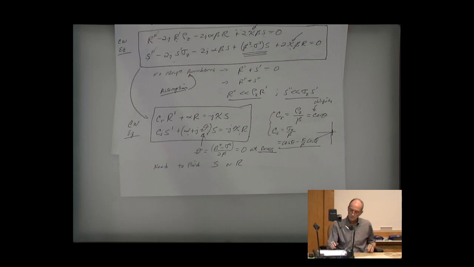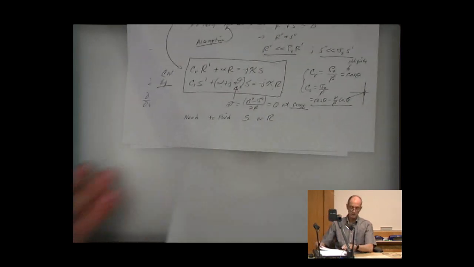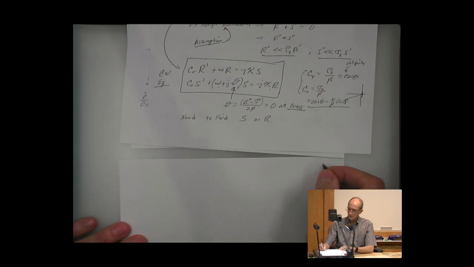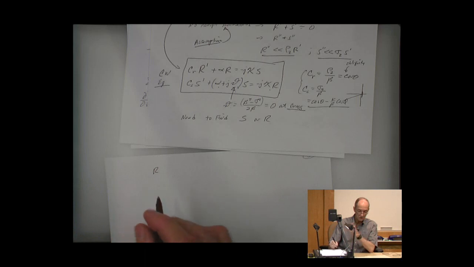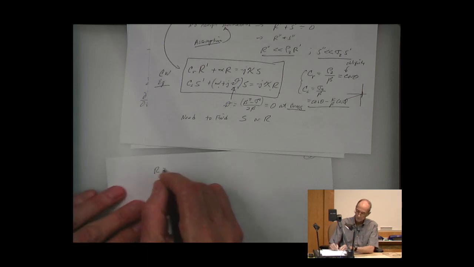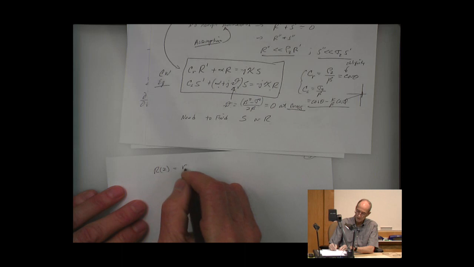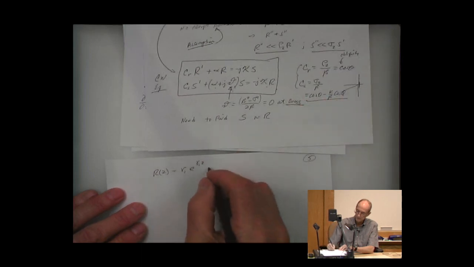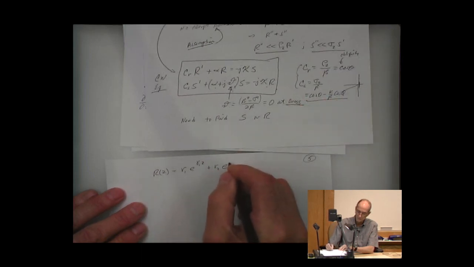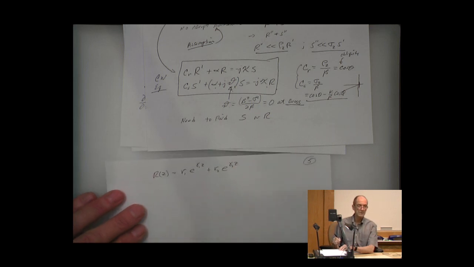We're almost there. We have a set of first-order differential equations, and we know how to solve these. We actually know what the solution is. For a first-order differential equation, when we have two of them, the solution is going to be this. For R of z, it's going to be equal to a constant, R1 e to the gamma 1 z, it's an exponential, plus R2 e to the gamma 2 z.